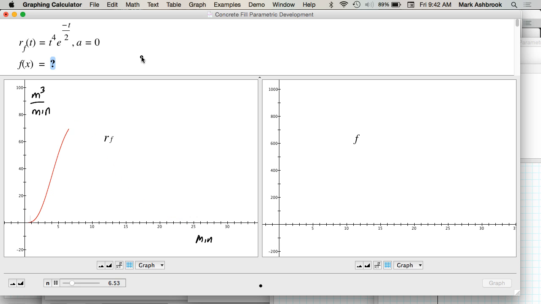Okay, so a couple of initial questions, reviewing all the hard work that we did from the beginning of the semester. The first would be, could you come up with a rough sketch of the accumulation of volume of concrete based on this rate function? And then could you express that function that you tried to sketch? Take a couple minutes to do that.